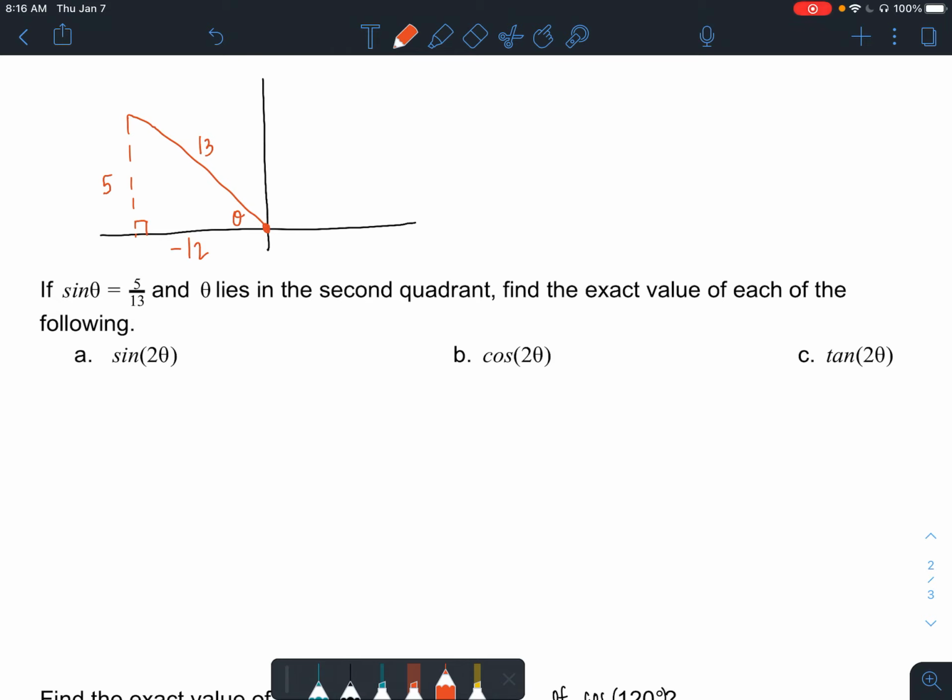Let's go ahead and write out what sine theta, cosine theta, and tangent theta are. So sine theta is 5/13, it's given. Cosine is adjacent over hypotenuse, so -12/13. And then tangent is opposite over adjacent, so 5/-12 or -5/12.